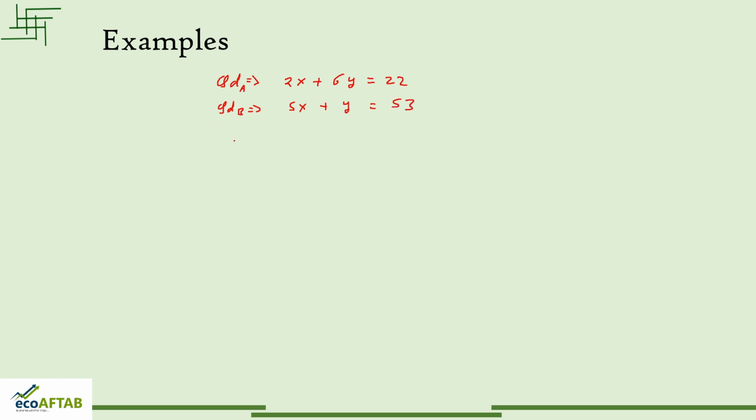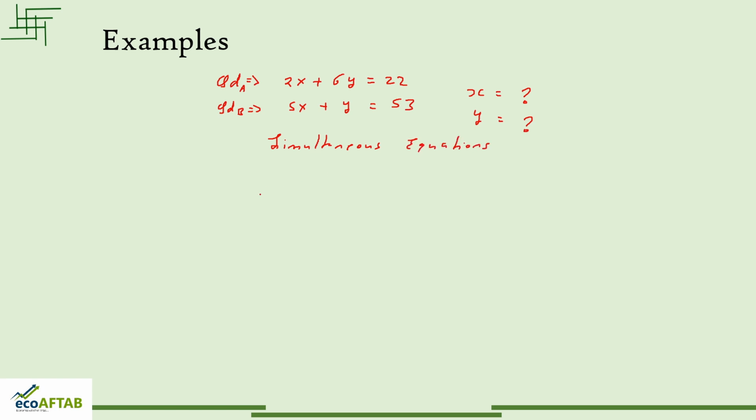If you want to find out the value of x or the value of y in these equations, you can do it, as I told you in the previous slide, by simultaneous equations.